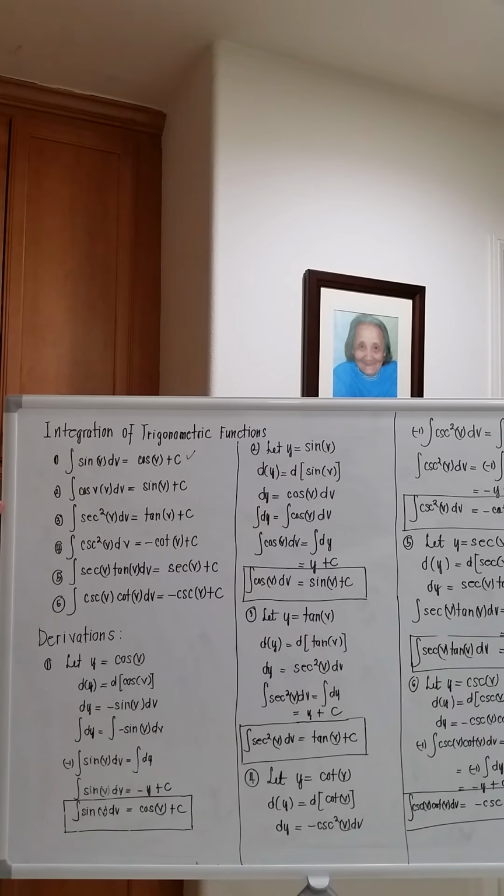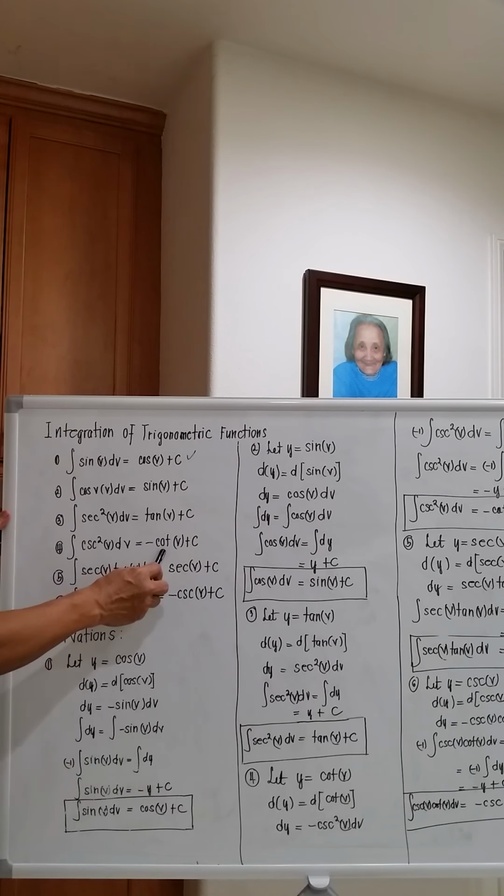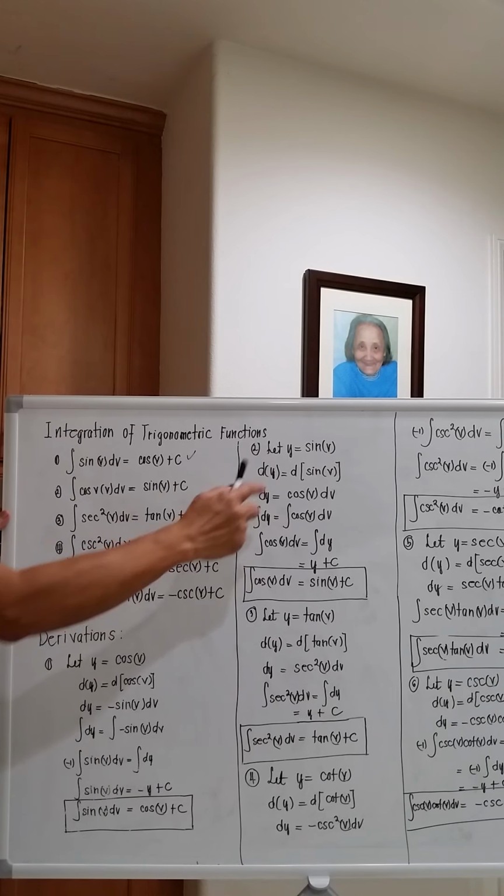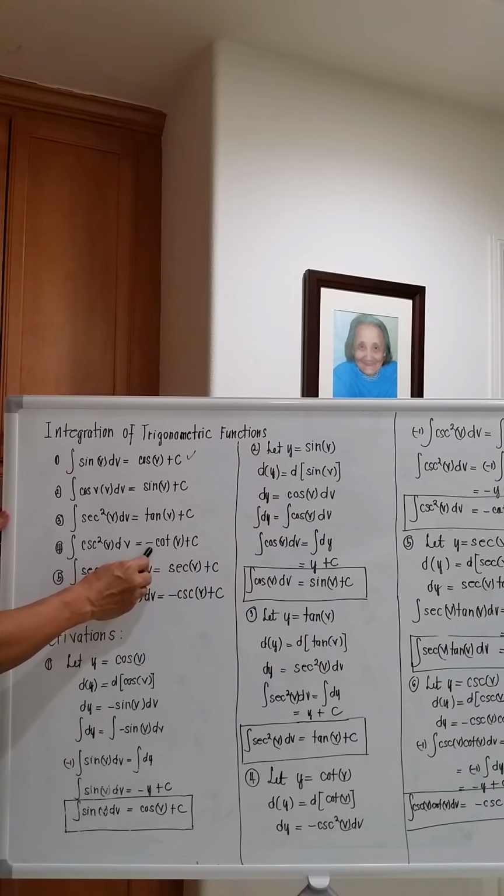That's number 3. Number 4. The integral of cosecant square of b dv, this is equal to negative cotangent of b plus c. Cosecant square, it should be the cotangent of that function, but it should be preceded by negative sign. This is plus c.